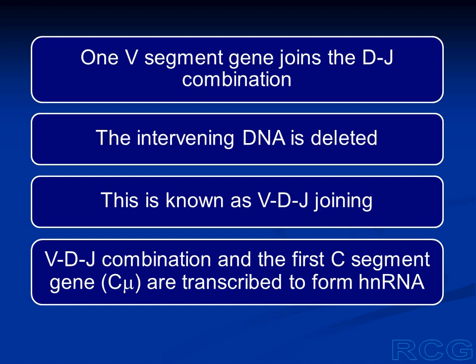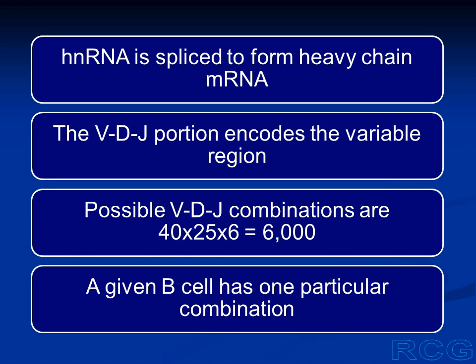A heterogeneous nuclear RNA, hnRNA, will be synthesized. Then this hnRNA will be processed to form the messenger RNA for heavy chain, and this messenger RNA will be translated to synthesize the heavy chain.